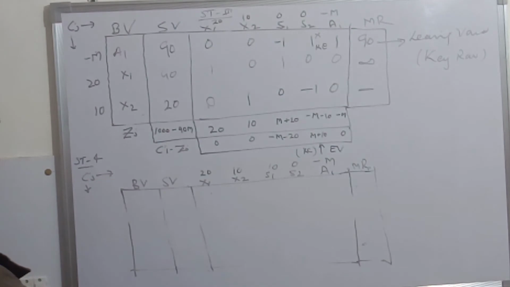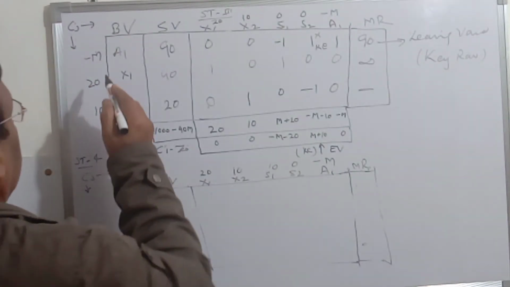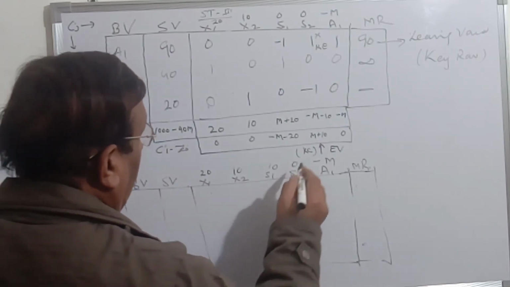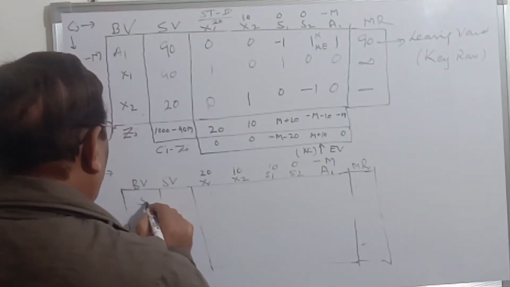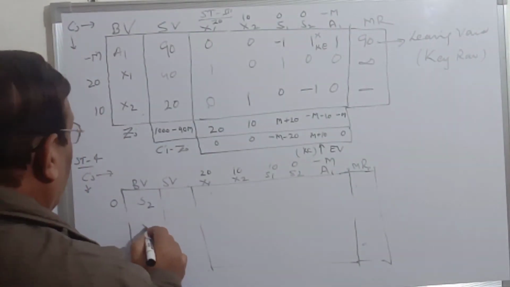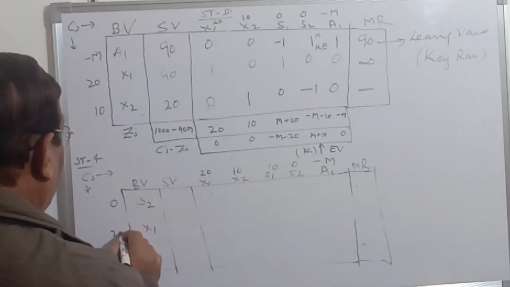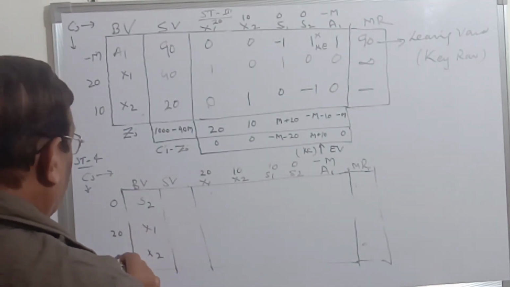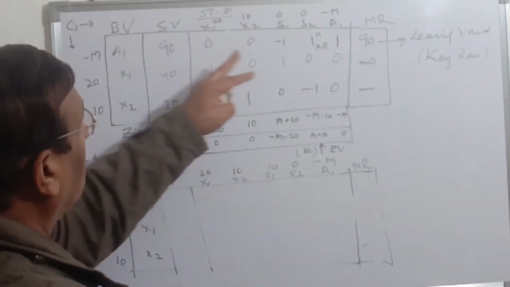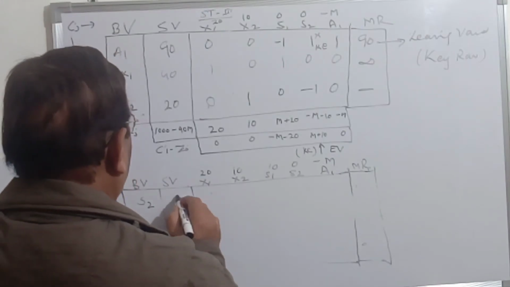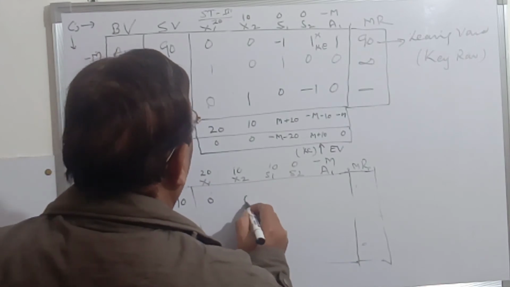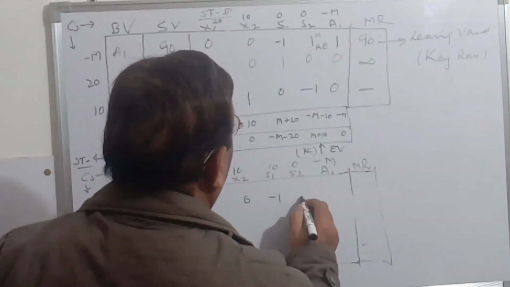Now, table 4, A1 is going. So, in place of A1, we are getting S2. S2 is 0. Coefficient of S2 is 0. X1, 20. X2, 10. Here, this line as it is, because the key element is already 1. So this is 90, this is 0, this is 0, this is minus 1, this is 1.